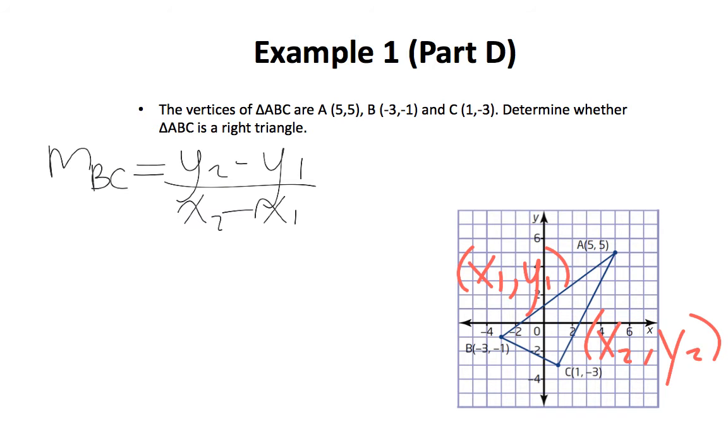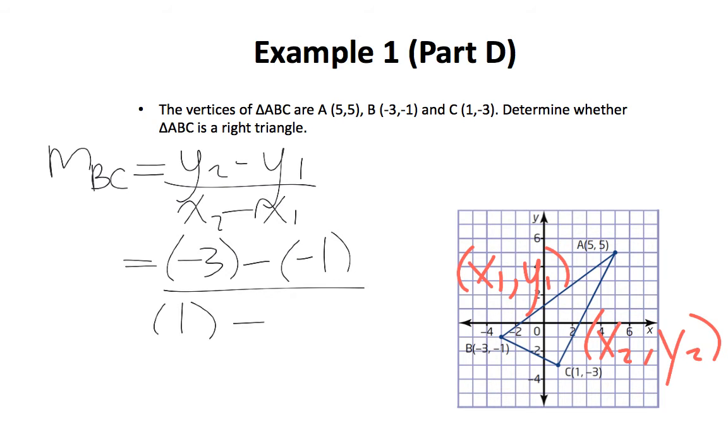At this point, we're going to substitute in our known values. So y2 is going to be replaced with -3 in brackets, and y1 is going to be replaced with -1 in brackets. x2 is going to be replaced with +1 in brackets, and x1 is going to be replaced with -3 in brackets.